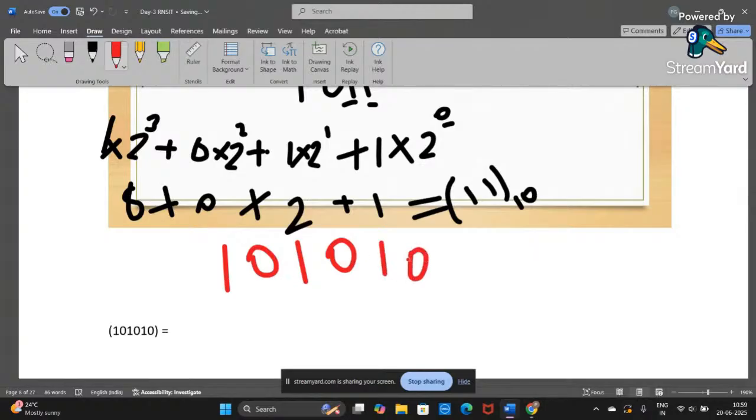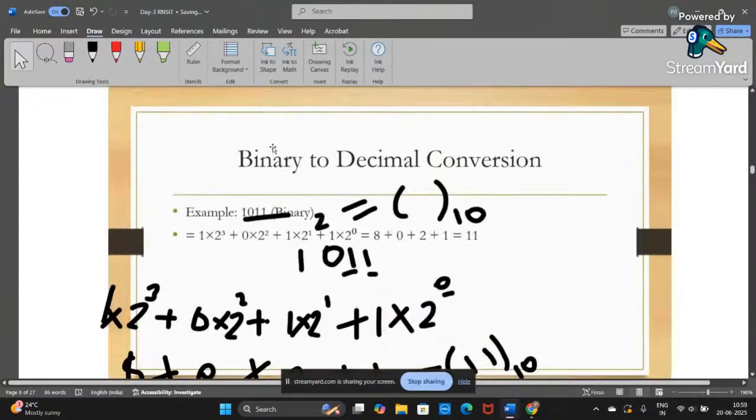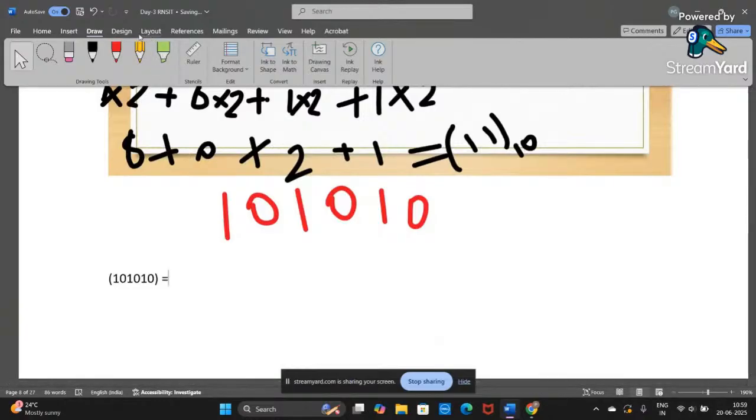So these are in binary now. When you want to convert to decimal, you take this number and multiply it with 2, because the base is 2, right? Binary is 2. So 2 to the power how much? You have to start with 0, plus.